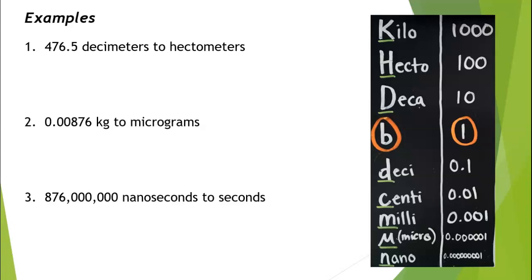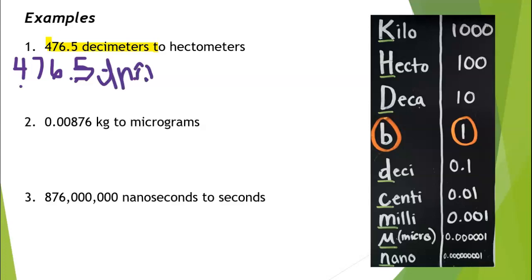So I'm going to first find my given value and unit, 476.5 decimeters. I need to write that given value and unit, 476.5, and decimeters is a little unit, small d m.